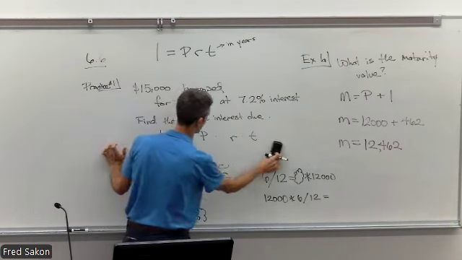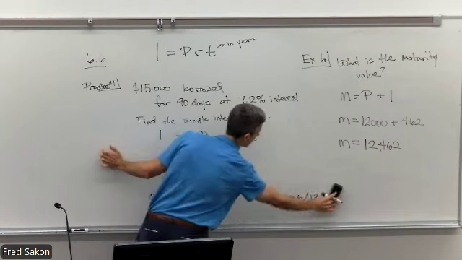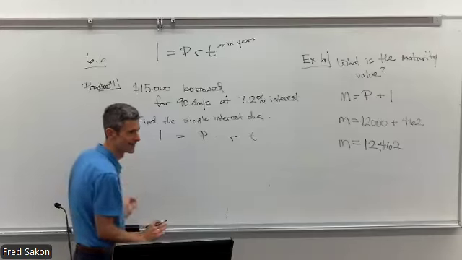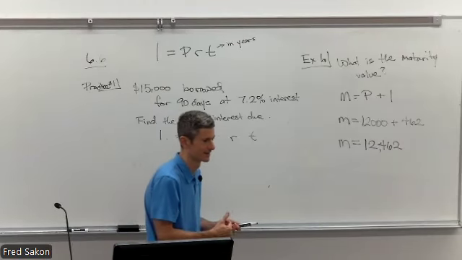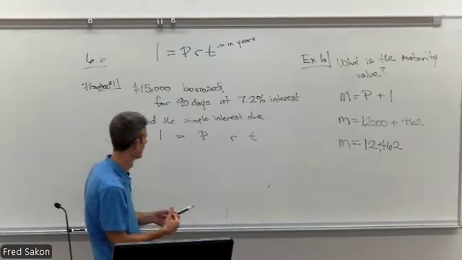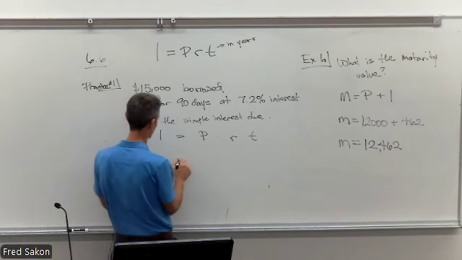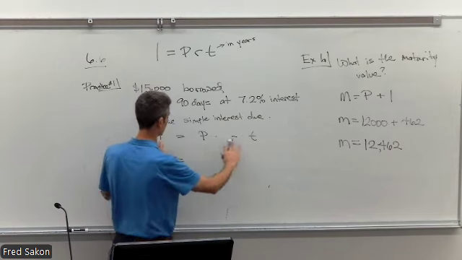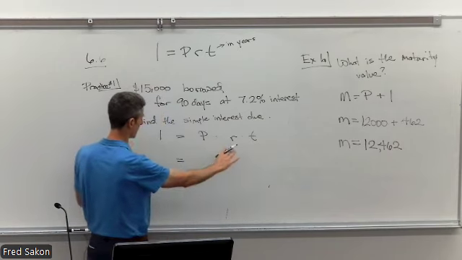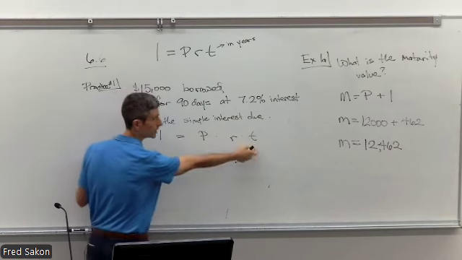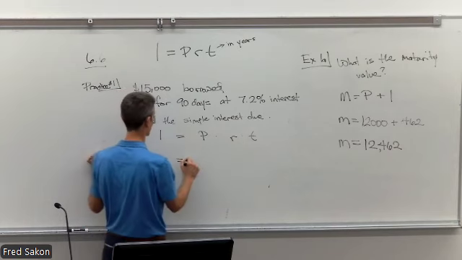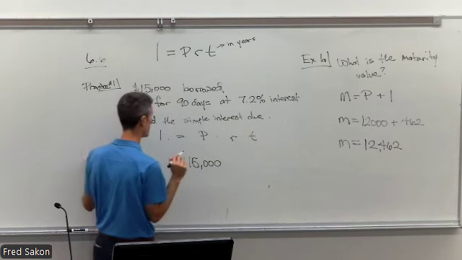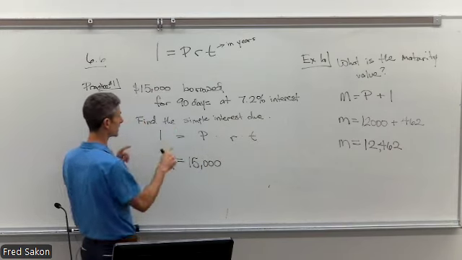Okay. So which pieces do we have? Which place is appropriate for my 15,000 of these four? Principal. Good. Any other inputs I can plug in there?